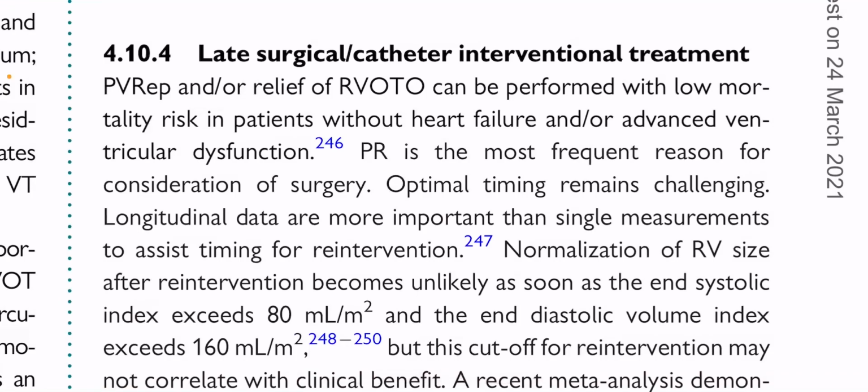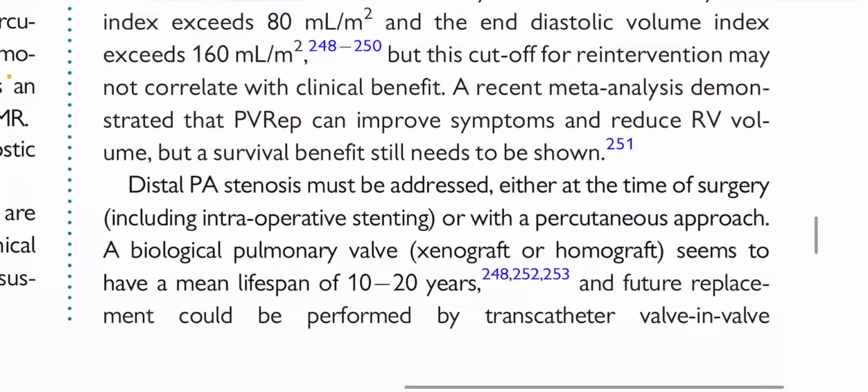Normalization of RV size after reintervention becomes unlikely as soon as the end systolic volume index exceeds 80 milliliter per meter square and the end diastolic volume index exceeds 160 milliliter per meter square. But this cutoff for reintervention may not correlate with clinical benefit. A recent meta-analysis demonstrated that PVR-EP can improve symptoms and reduce RV volume, but a survival benefit still needs to be shown.